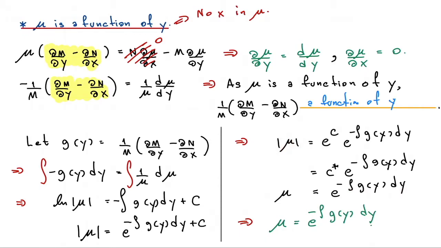I should have got the c double star, and then I remove the c, because as I told you, even if you multiply the whole equation by c double star, it doesn't change anything. You don't need a constant. So basically, mu is going to be e to the power of minus the integral of gy dy.